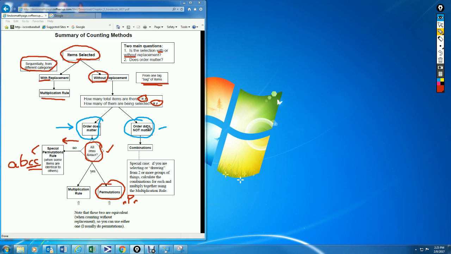Back to the combinations: when the order does not matter, you're just making a group, then you use combinations, in other words, nCr. The only special case there is if you are selecting from 2 or more different subgroups.